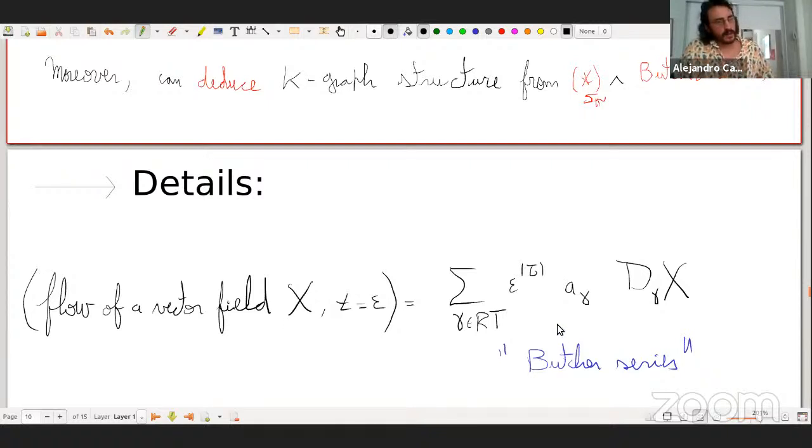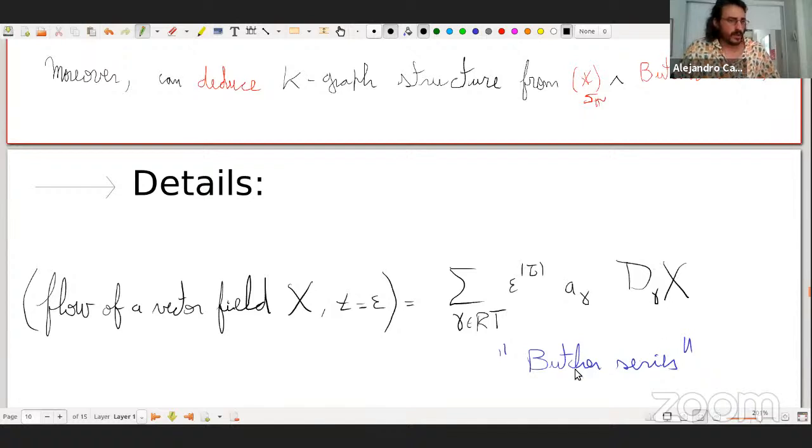This formula was known from before, that you can express this as a sum parameterized by rooted trees. So this kind of rooted trees graphs. And what appears here is called elementary differentials. So there are derivatives of higher and higher order of the components of the vector field.